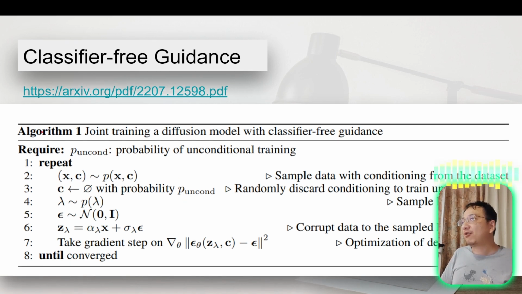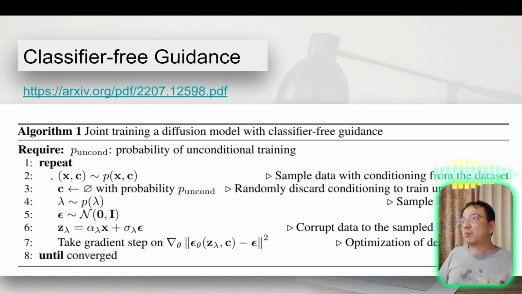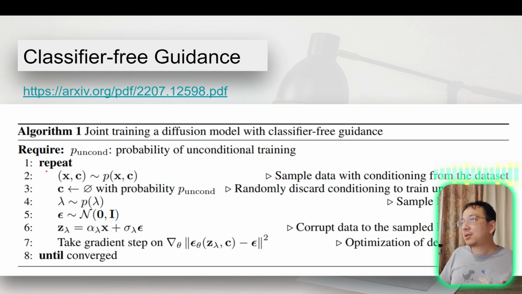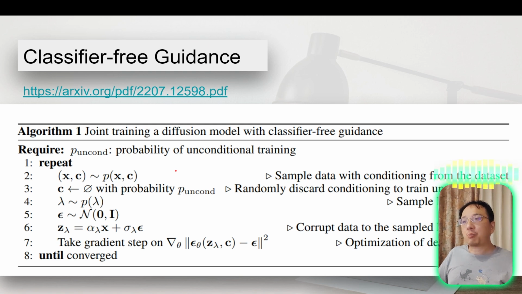The training algorithm of classifier-free guidance is very similar to the unconditional one, except for a few modifications. The first, most apparent difference is that our training samples contain not only the image but also the condition. Suppose we are thinking about the text prompt condition. Then our training data should contain not only image samples, but image and text pairs as samples.